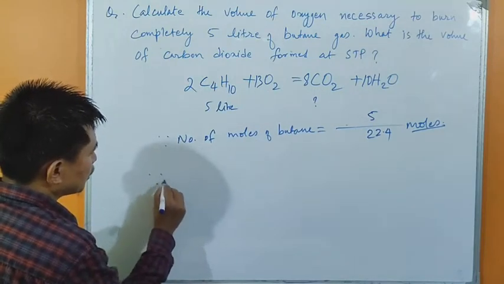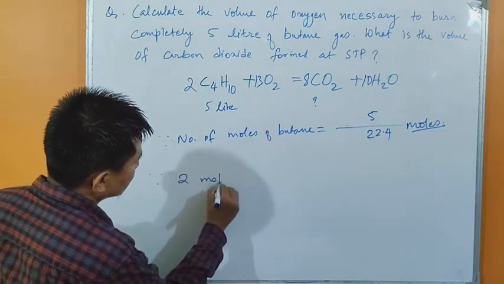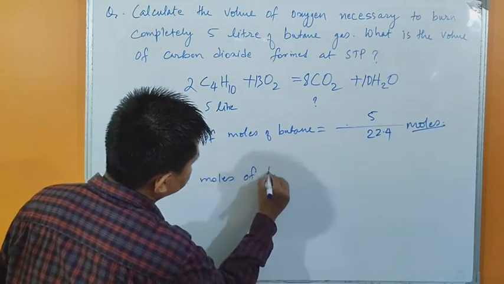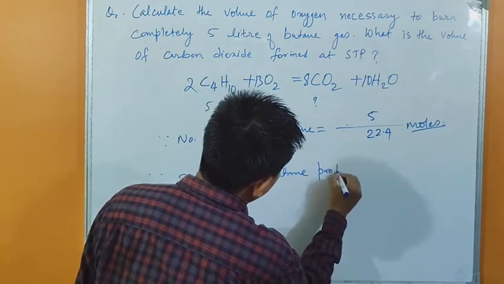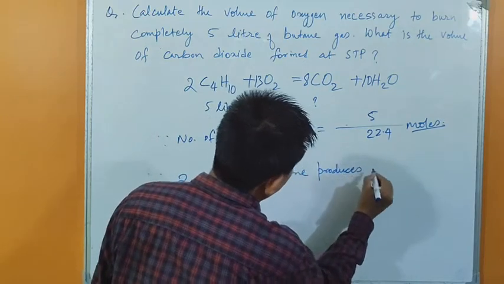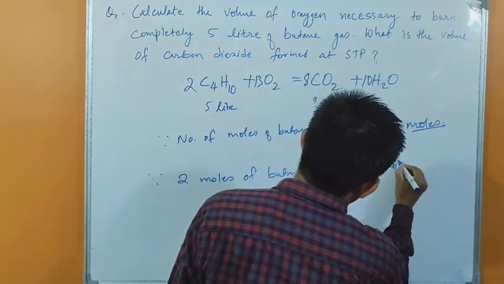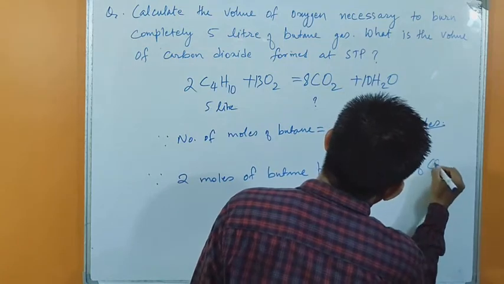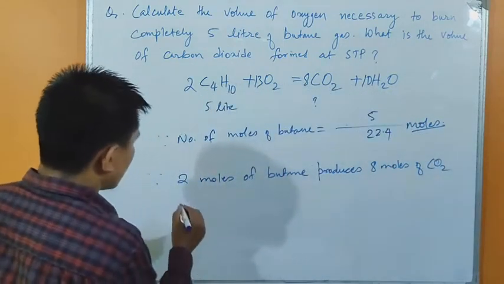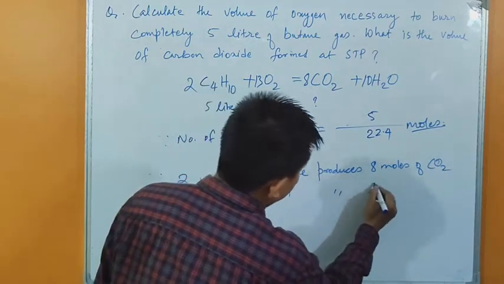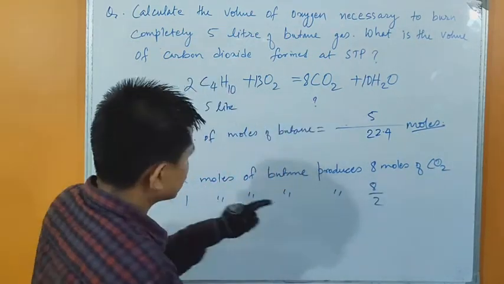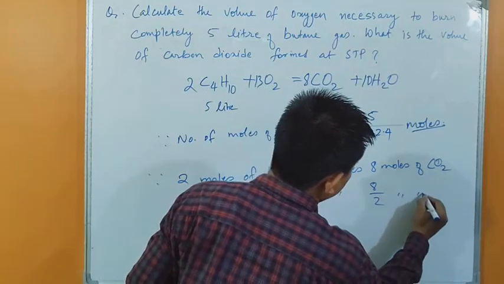Since 2 moles of butane produces 8 moles of CO2, 1 mole of butane produces 8 upon 2, that is 4 moles of CO2.